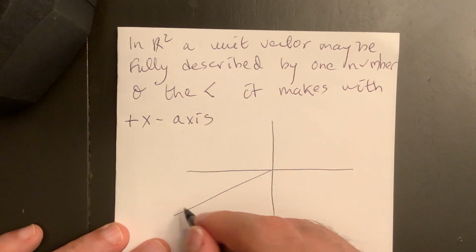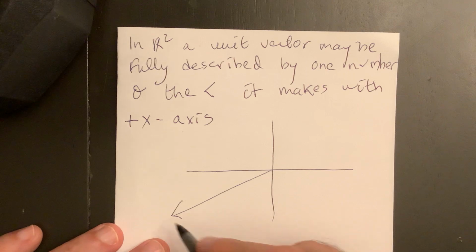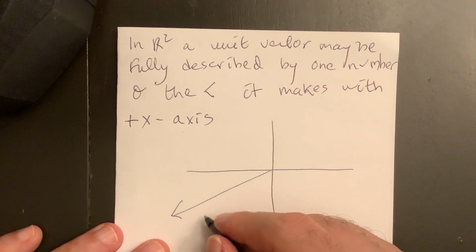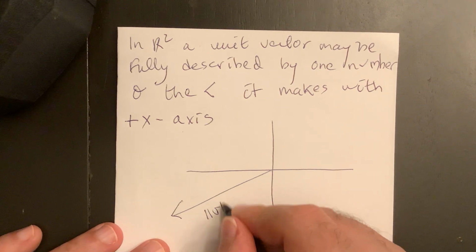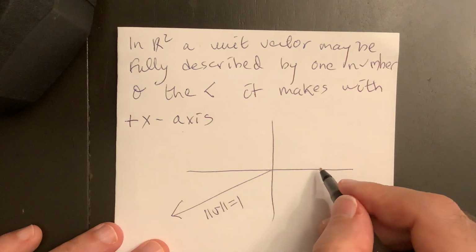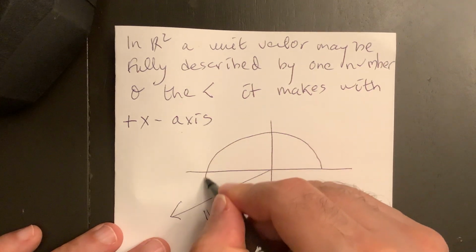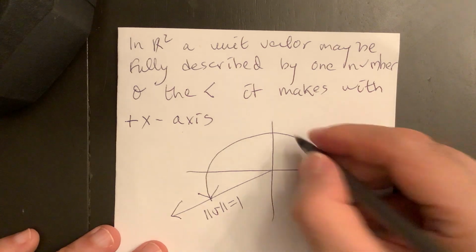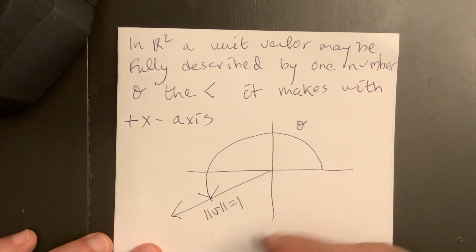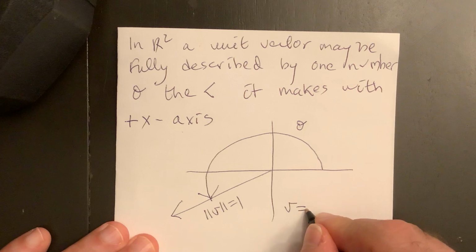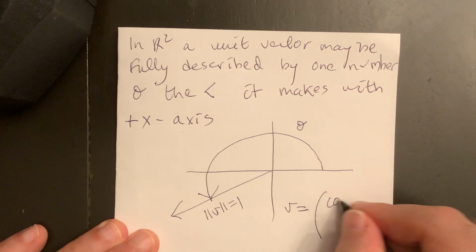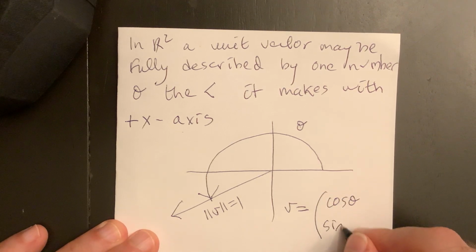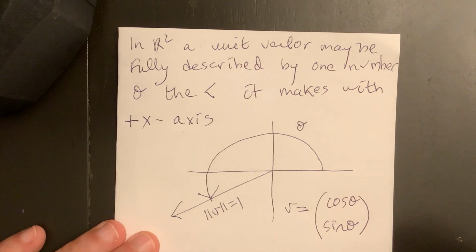So if I have some vector here and it's unit length, so say I know the length of v equals 1, then all you have to do is tell me this angle, and I know the vector fully, right? So v, in this case, must be equal to (cosine theta, sine theta). Okay?